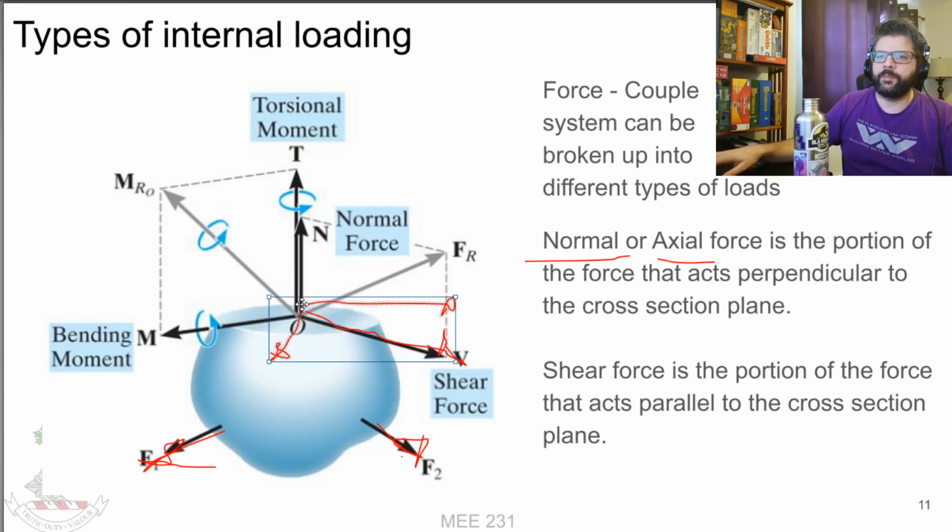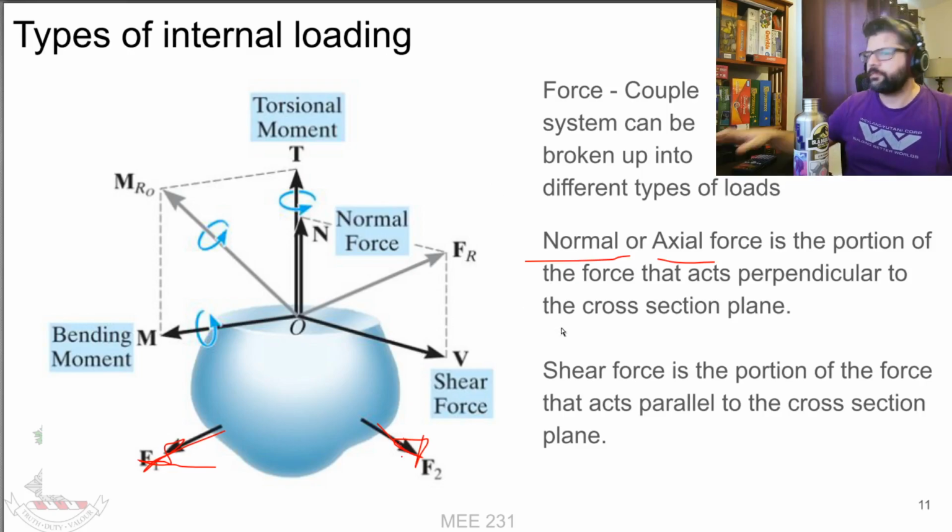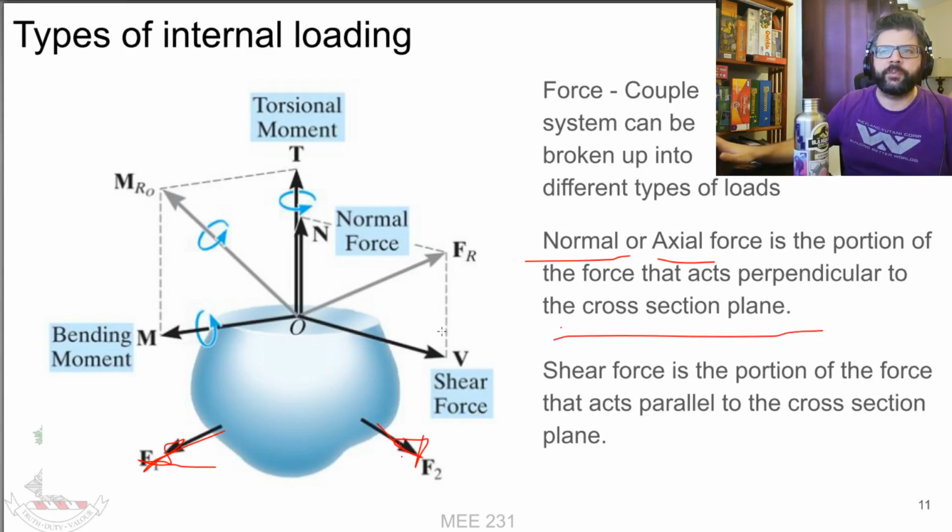I'm going to say that because typically we reserve the x direction for the axial. Again, it does depend upon what components you're looking at, but usually the x direction is what we define the axial as. So those are the force portions.